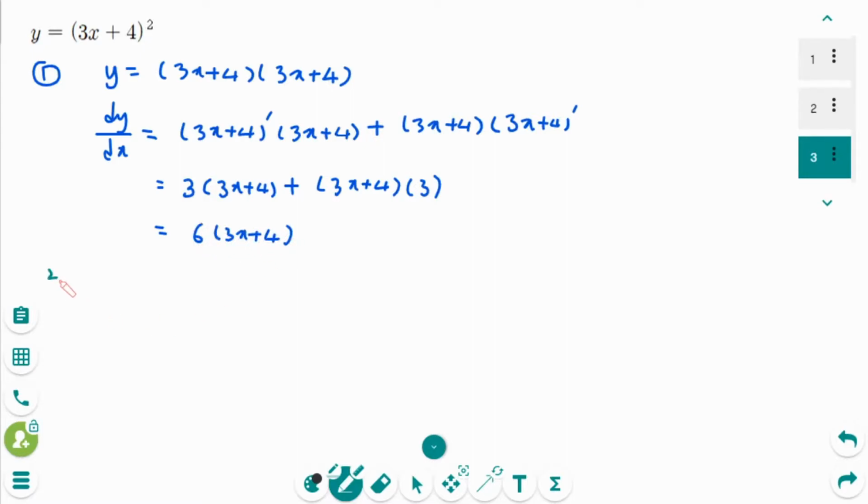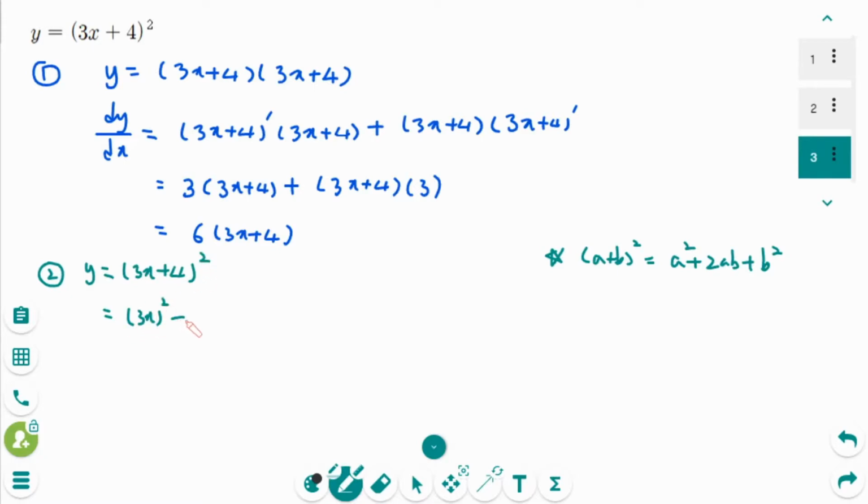The second way, expand first. We can use (a plus b) squared equals a squared plus 2ab plus b squared. So y equals (3x plus 4) squared equals (3x) squared plus 2 times 3x times 4 plus 4 squared, which is 9x squared plus 24x plus 16.